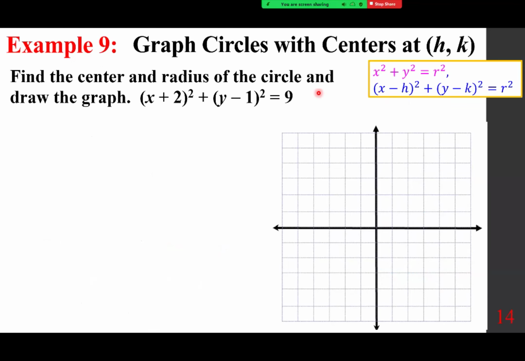Find the center and radius of the circle and draw the graph. Well, when you compare it to this one, you notice it's centered at negative 2, positive 1. The radius is the square root of 9, or 3. So this is the center, and the radius is 3. Now, let's make up 4 points.